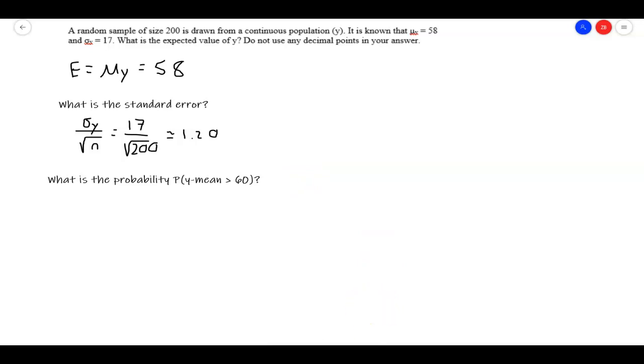Let me draw a little bit of a curve, and right down the middle, this is our mean of our Y values, which is equal to 58.